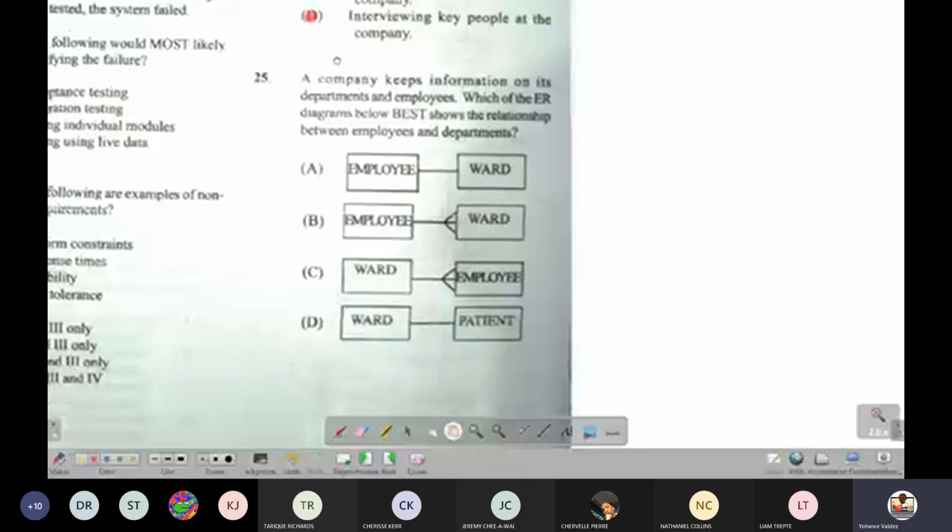A company keeps information on its departments and employees. Which of the ER diagrams below best shows the relationship between employees and departments? But in this one, instead of department, they put ward. All right, so just substitute the word ward with department. So is it a one-to-one relationship between employee and department? One employee works for many departments. One department has many employees, or one, right?